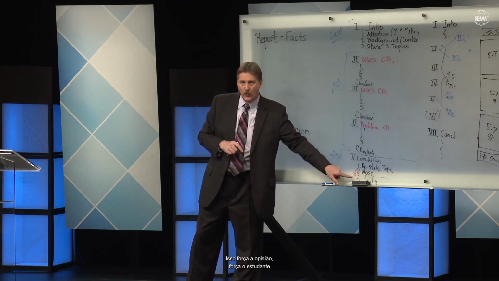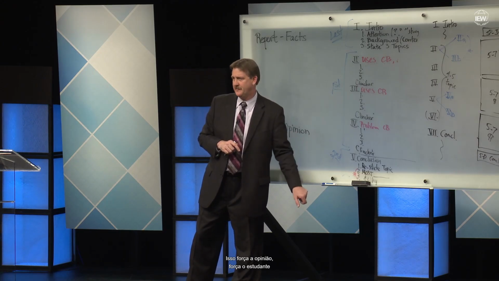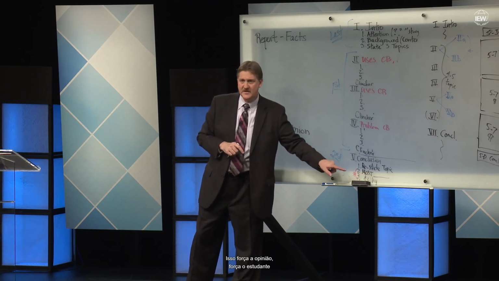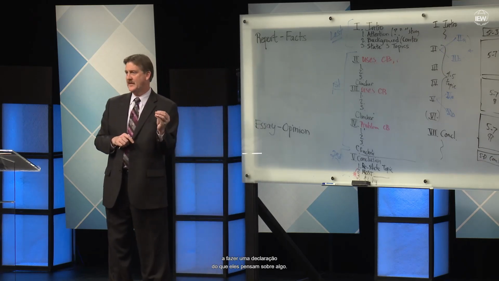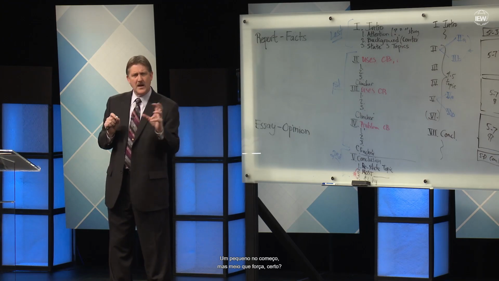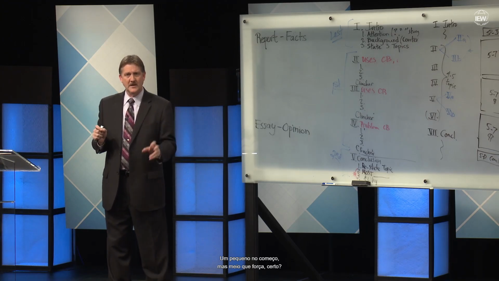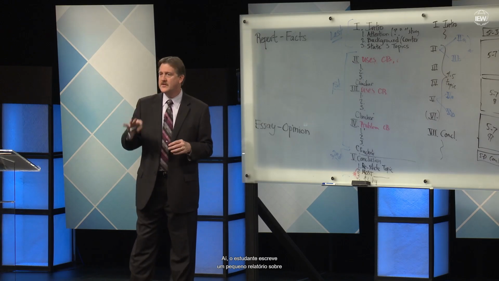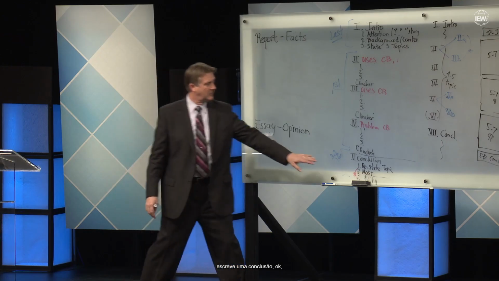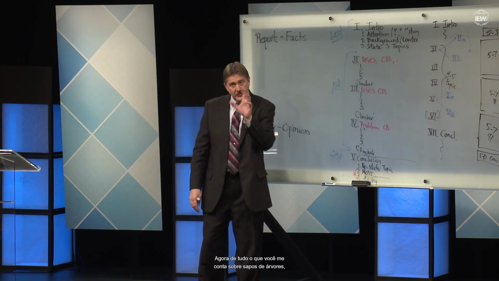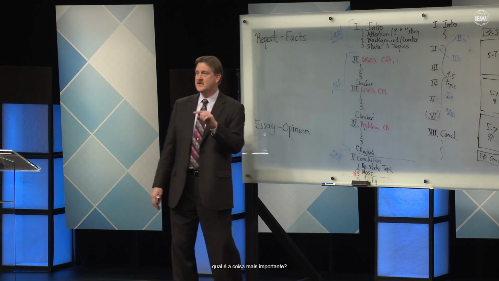That forces the opinion. That forces the student to make a statement of what they think about something. A small one at first, but it kind of forces it, right? So, student writes a little report on tree frogs, gives you lots of facts on tree frogs, gets to the conclusion, okay, now of all that you told me about tree frogs, what's the most important thing?